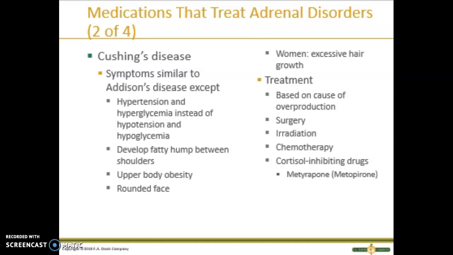Patients also develop a fatty hump between their shoulders, upper body obesity, and rounded faces, and women have excessive hair growth on their face, chest, abdomen, and thighs. Treatment may include surgery, radiation, chemotherapy, and cortisol inhibiting medications.